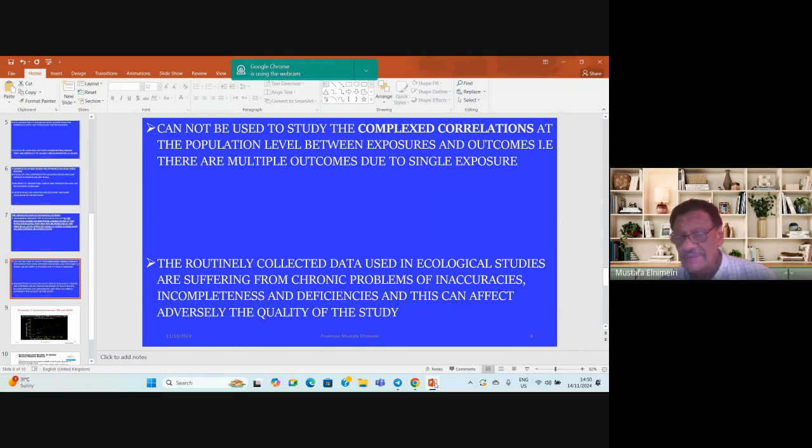The routinely collected data, which we depend on for the ecological studies, may be suffering from chronic problems such as inaccuracies, incompleteness, and deficiencies that may affect adversely the quality of the study.